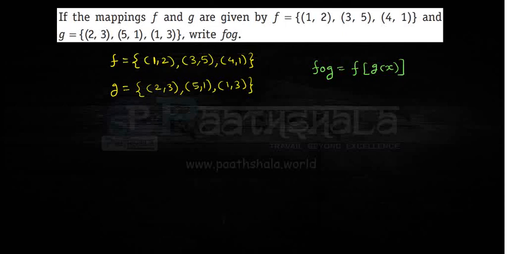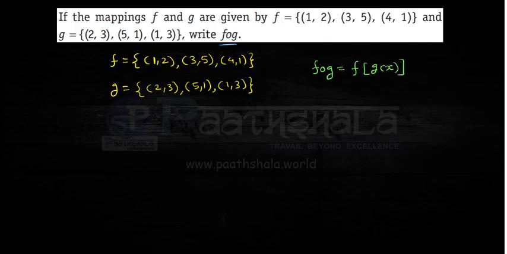So here we have given f and g, two mappings, or relations, and we have been asked to find the composition of f and g, that is FOG. So what is FOG?